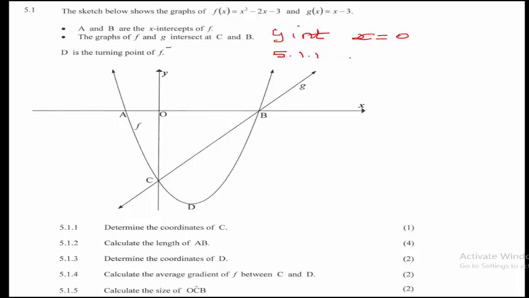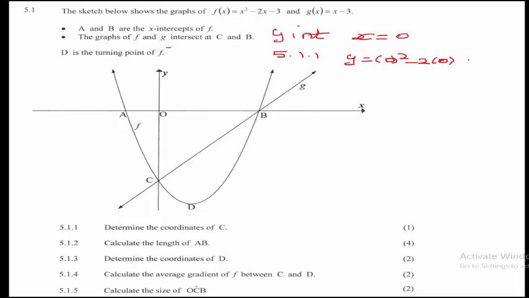So we answer 5.1.1 by saying, okay, y is equals to, quickly bracket, squared minus 2, oh sorry, we said naught, my bad, getting carried away.